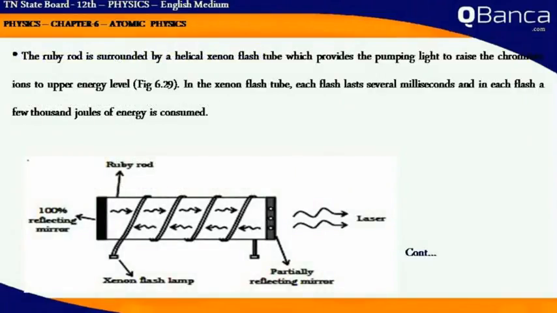The ruby rod is surrounded by a helical xenon flash tube which provides the pumping light to raise the chromium ions to upper energy level. In the xenon flash tube, each flash lasts several milliseconds, and in each flash a few thousand joules of energy is consumed.